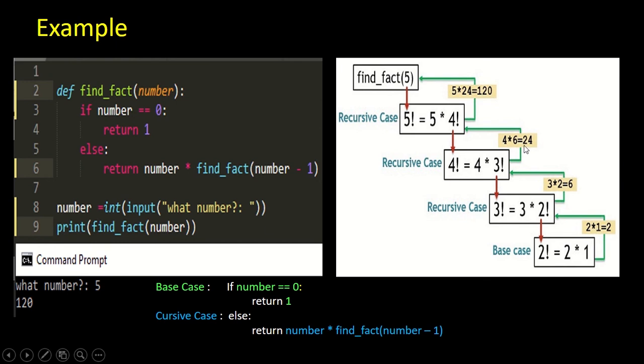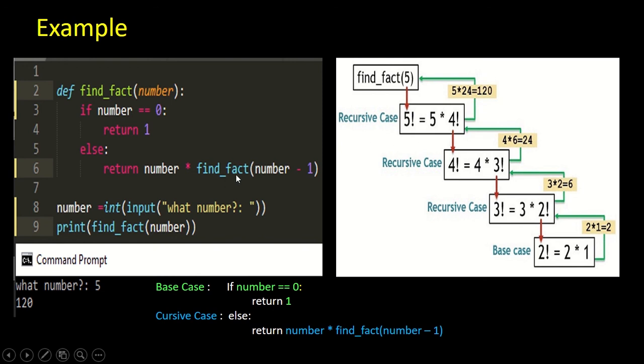So just like our example right here on the right, the visual representation of what is happening in the recursion. It starts with 5, then find the factorial of 5. So number minus 1, our number is 5, so 5 times 4.